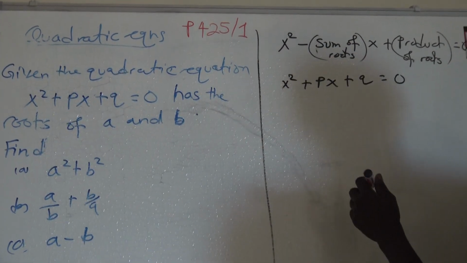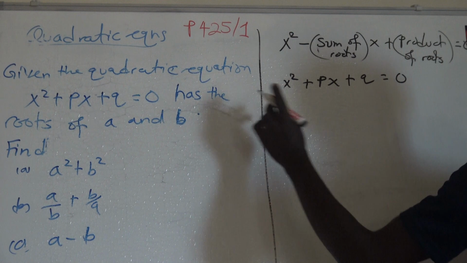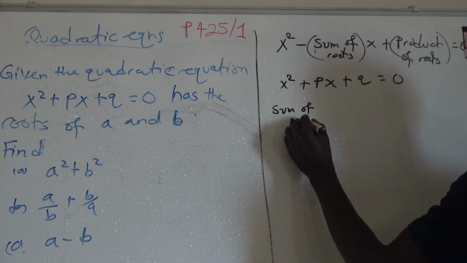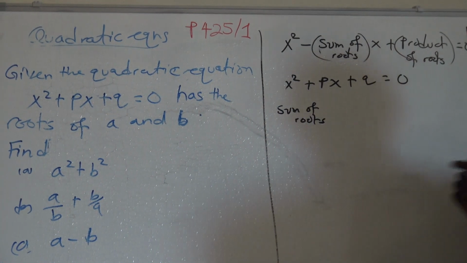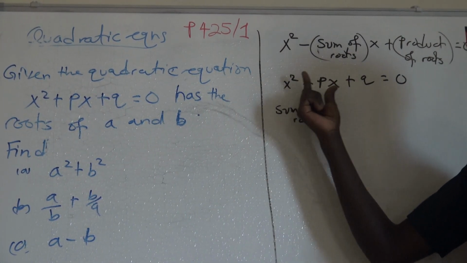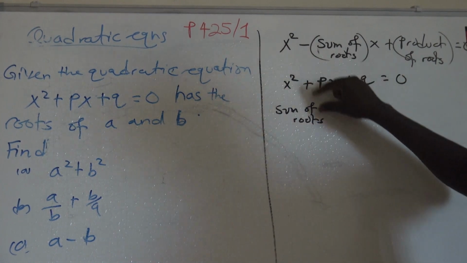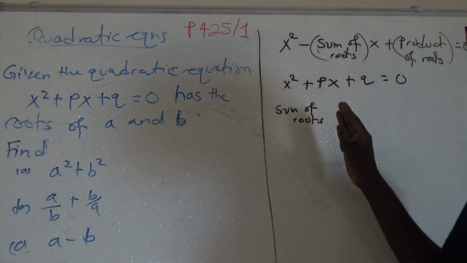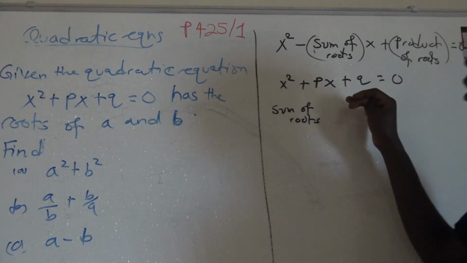So for that case, what I mean is that when you're getting the sum of roots from the equation, we say the sum is got from this part which is in the middle, which is b, and also the product is got from the value of a times the value of c.